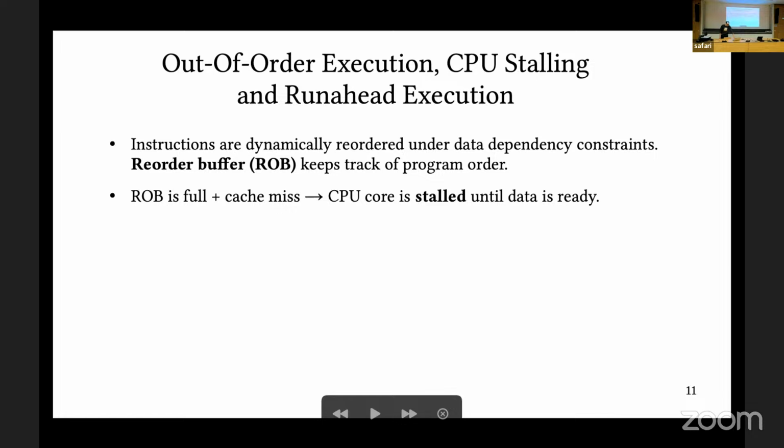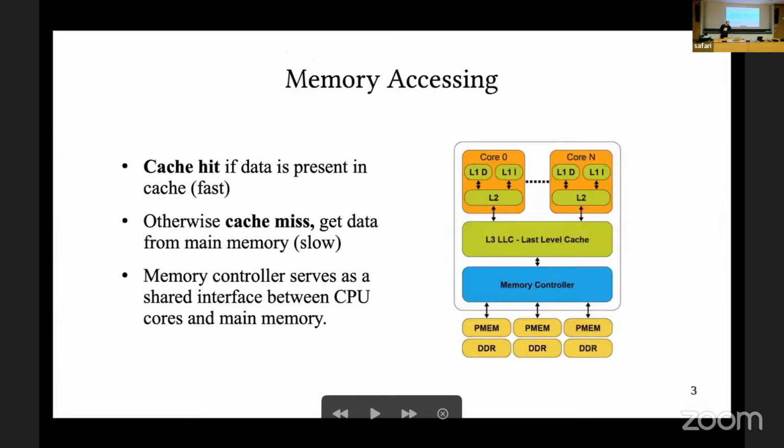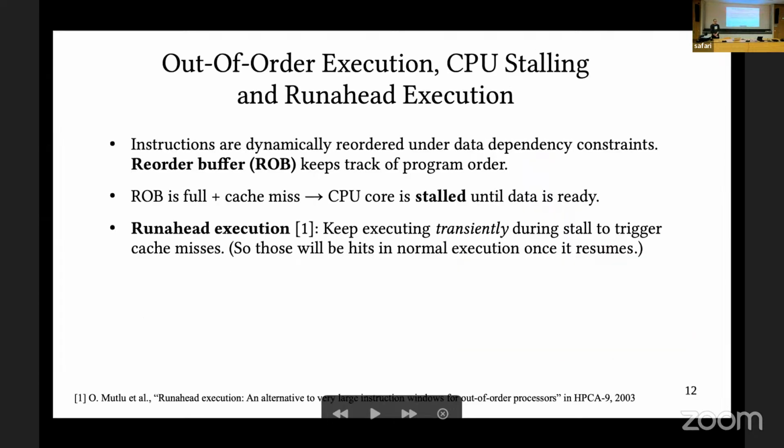So now, runahead execution. This poses the question: can we use the time we spend in the stalling window to do something with the core? It's just sitting there not doing anything. So what's proposed is to just keep executing. We don't want to commit these instructions.